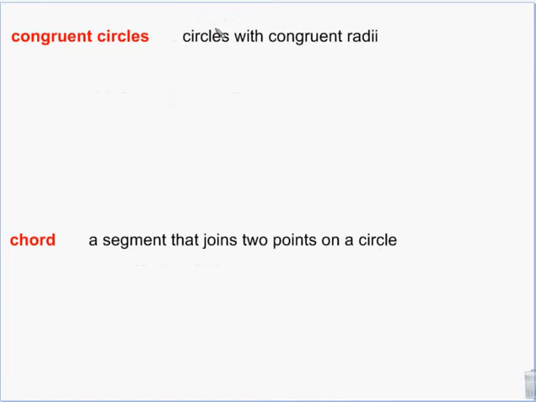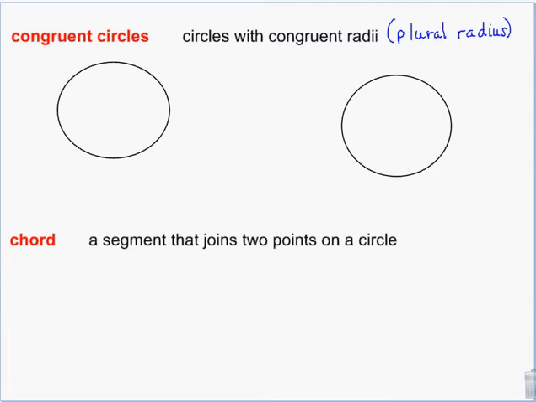Okay, so we've got circles, right? Congruent circles are circles with congruent radii. Radii is the plural of radius. We don't say radiuses, it's radii. So if we have this circle here and this circle here and we want to know, are these circles congruent?